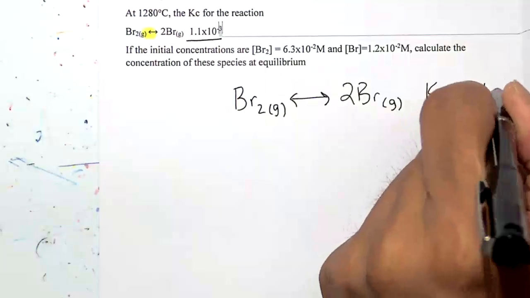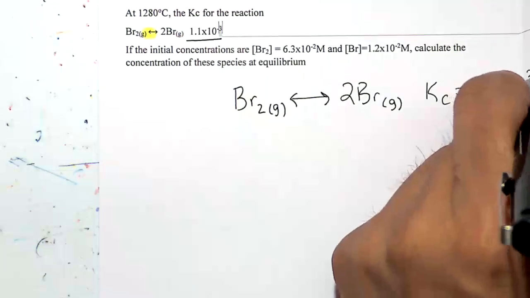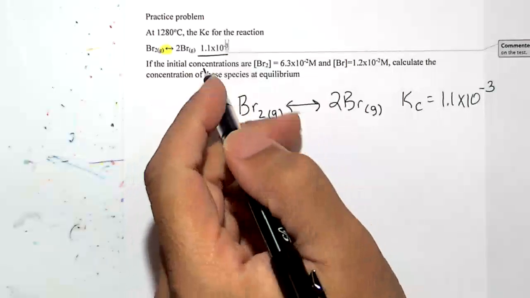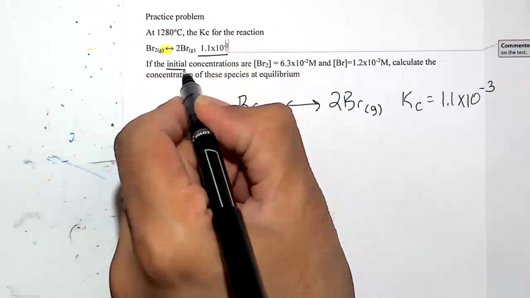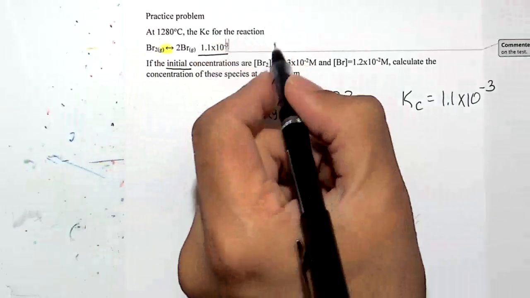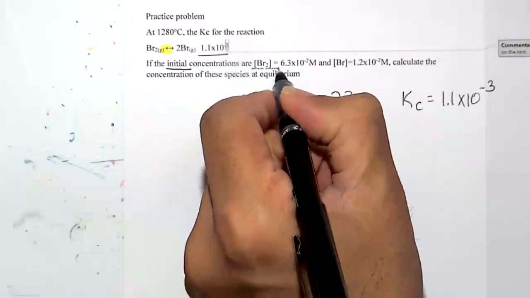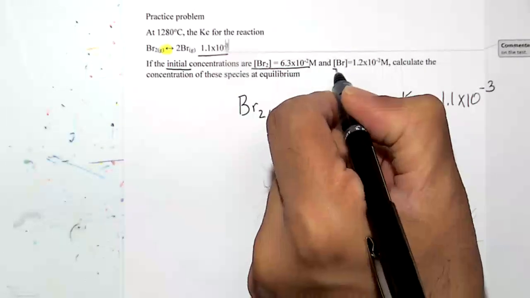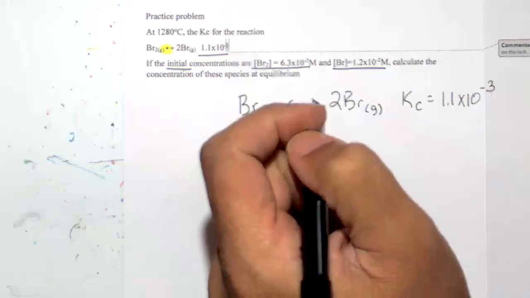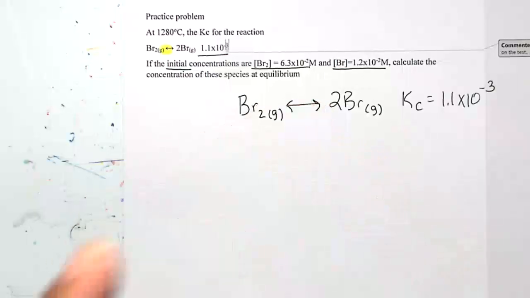The initial concentrations, we want to underline the word initial, are 6.3 times 10 to the minus 2 for Br2 and 1.2 times 10 to the minus 2 for Br. Calculate the concentrations of these species at equilibrium.